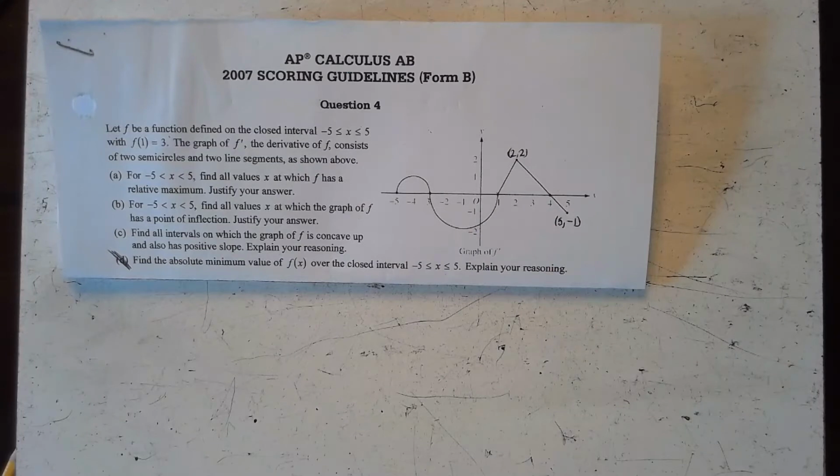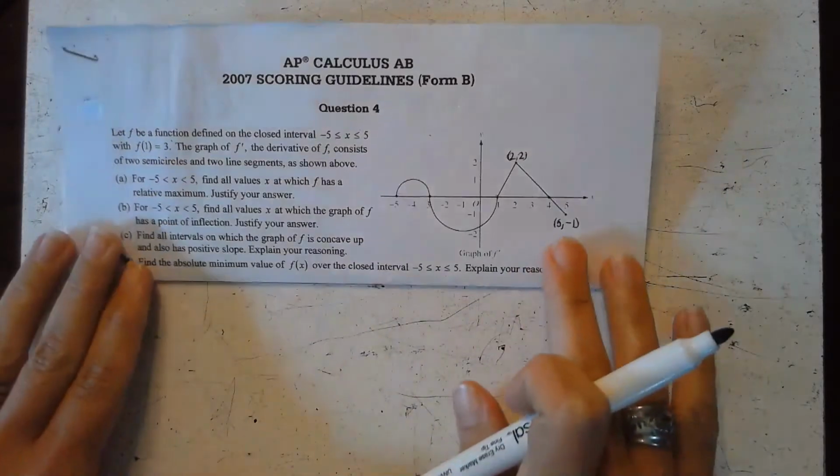Our first thing is, for -5 to 5, we want to find all values of x for which f has a relative max or min. If you notice, we're not looking at the endpoints. And it always says justify, so make sure you give a reason for this.